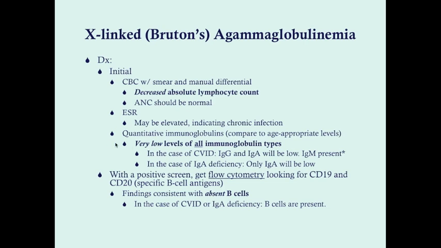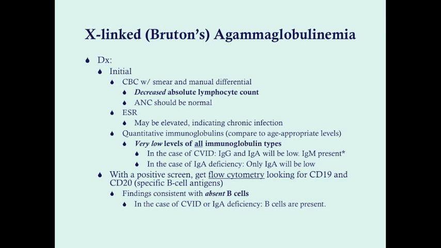Okay, so now that we talked about quantitative immunoglobulins, I want to tell you something that will help you in the hospital, especially if you're on a rotation like infectious disease or something like that. If you are getting a quantitative immunoglobulin level, you need to compare it to age-appropriate levels. The reference range for the immunoglobulins varies based on age.